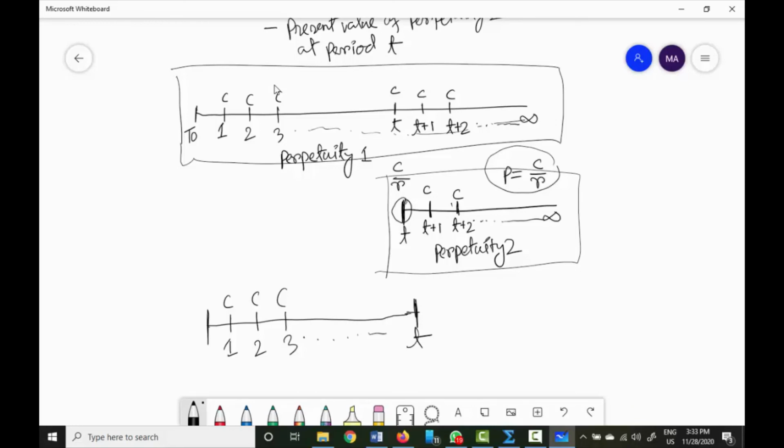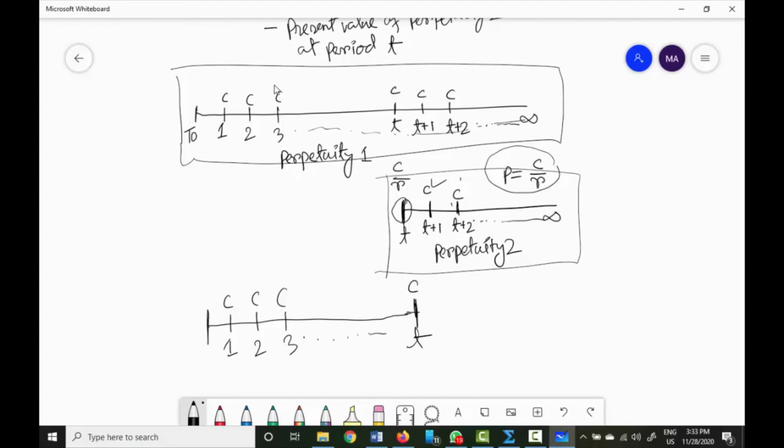The cash flow of perpetuity 2 has started from T plus 1 period and moves on up to infinite period. So if you deduct these cash flows from these cash flows, you will have only these cash flows left.